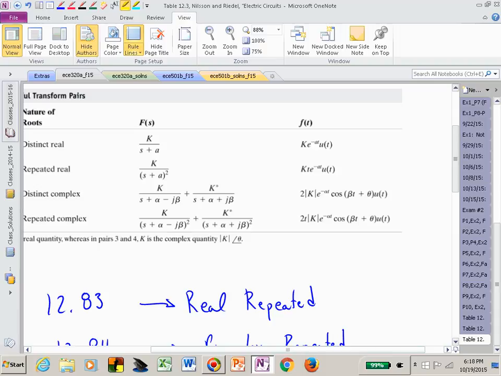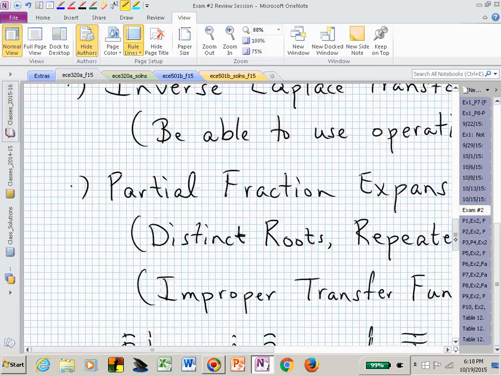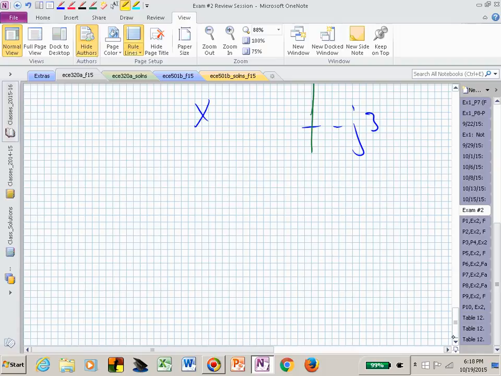Question? So if you have 5 over s plus alpha minus j beta, we're going to find the expression alpha plus j beta. I didn't hear what you said, so let me write that down as you say it. Just a minute. What did you say we had?